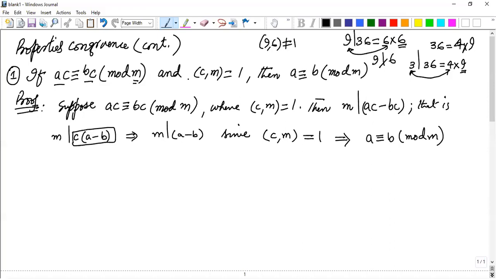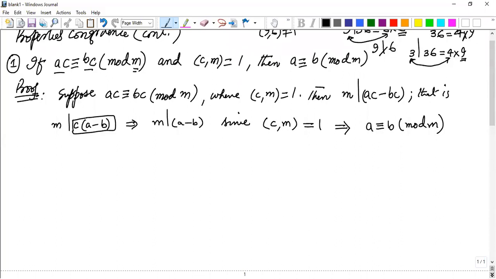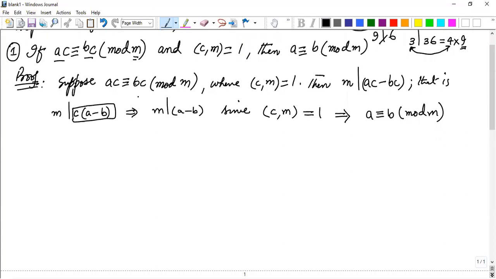Our next result is the generalization of this result. For example, if we don't have any number which has a GCD equal to 1 with M, that is, the GCD is greater than 1, then we have another result, which is called the generalization of the previous result.